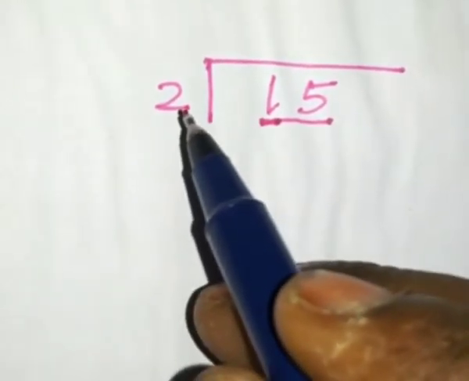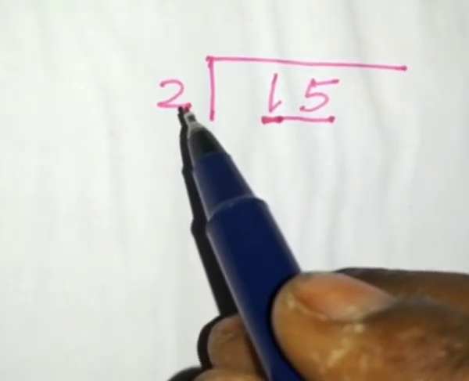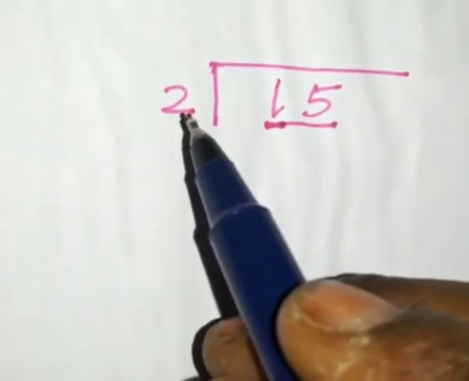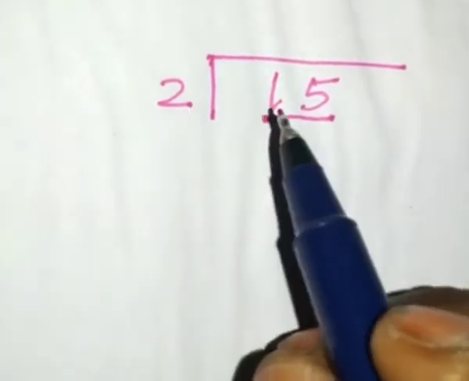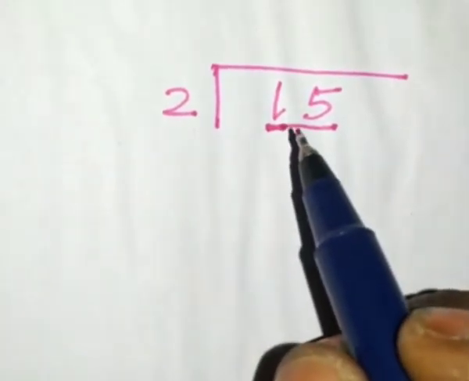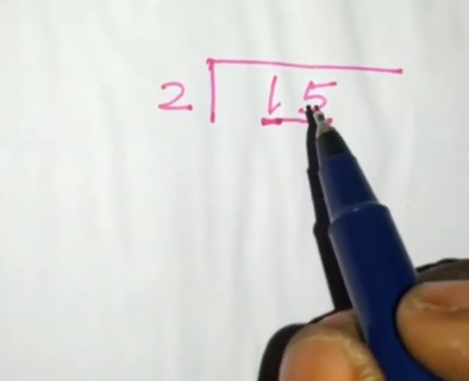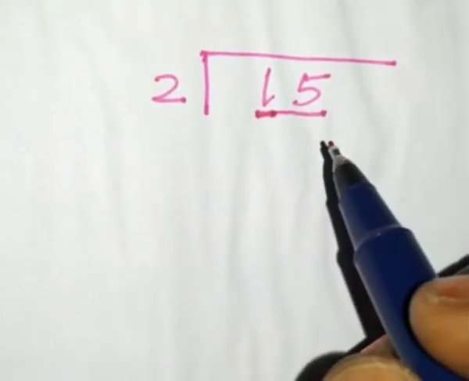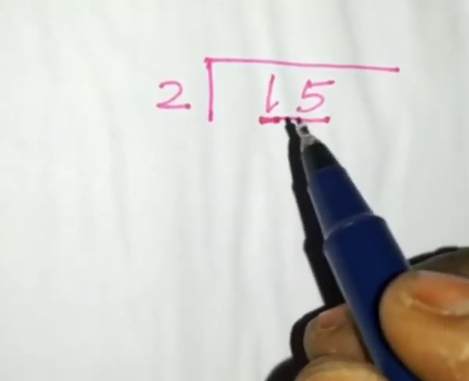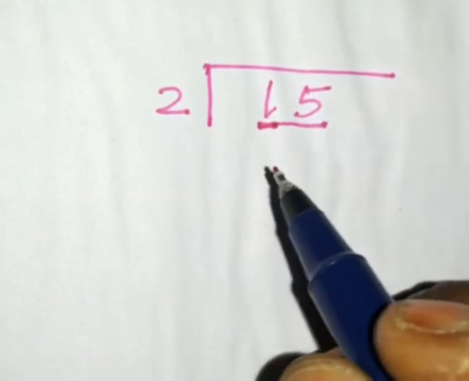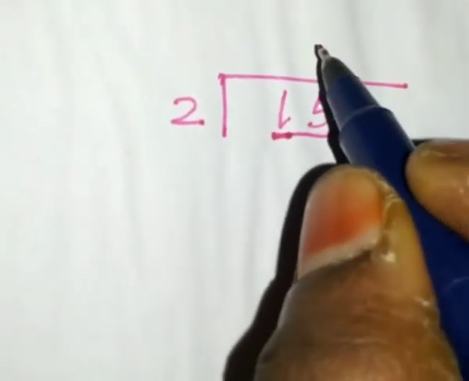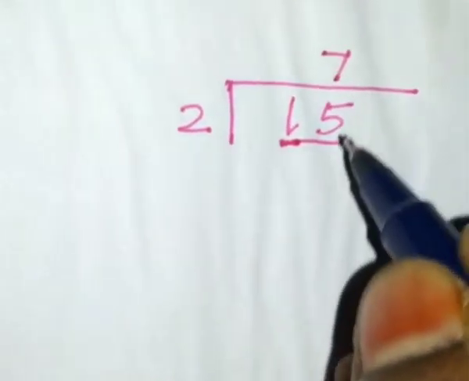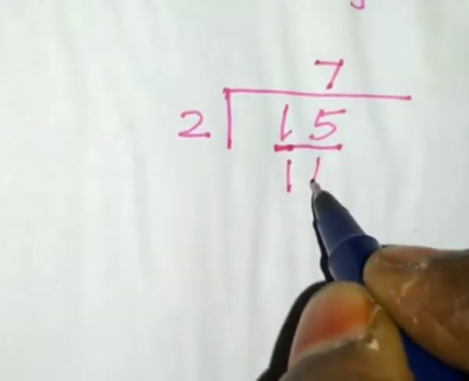How many times do you get 15 in the 2 table? 7 2s are 14. 8 2s are 16. 15 comes between 14 and 16. 16 is greater than 15, so you cannot take 8 2s are 16. You have to go for 7 2s are 14.